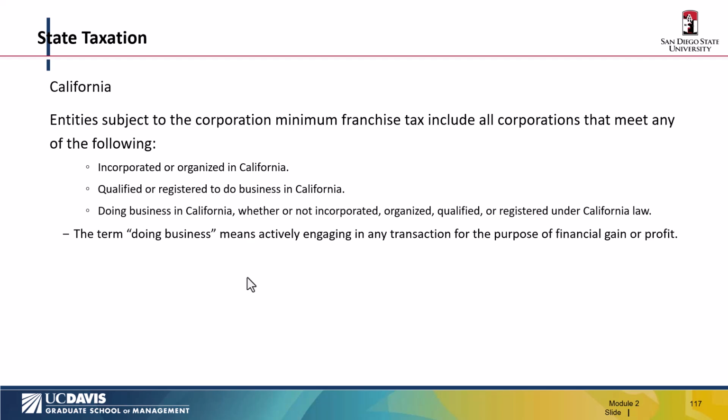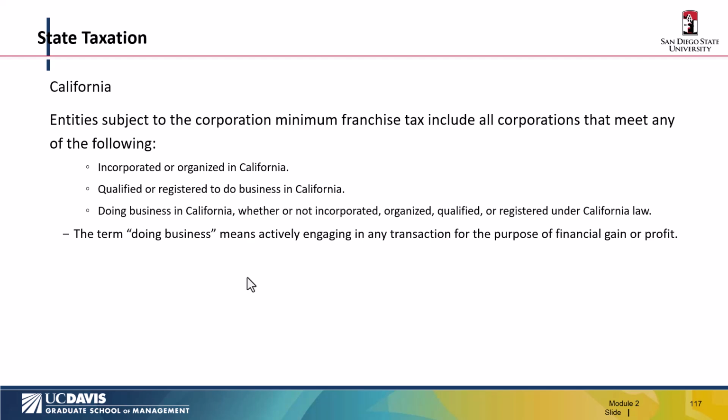Being qualified or registered to do business in California is enough to trigger nexus. Or doing business in California, whether or not you're incorporated, organized, qualified, or registered under California law. So really that means that doing business is enough to force you to pay corporate tax in the state of California. So what does doing business mean?